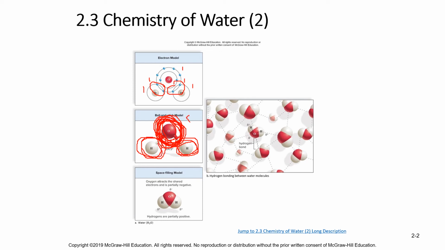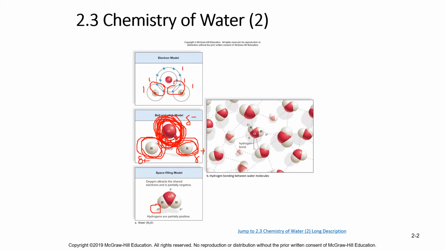So the oxygen is partially negative, and the hydrogens are partially positive, for both of them. And the symbol I'm writing, you can see it in the textbook. It's a lowercase Greek delta, just meaning there's a change.